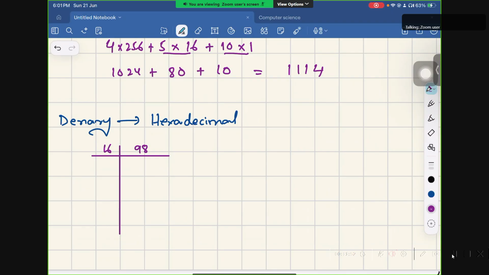Now 98 is going to be divided by 16. So you have to take any number which is either equal to 98 or less than 98. If I multiply 5 by 16, that is going to be 80, which is lesser.